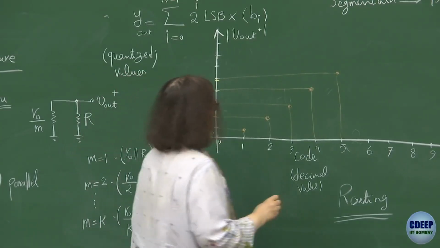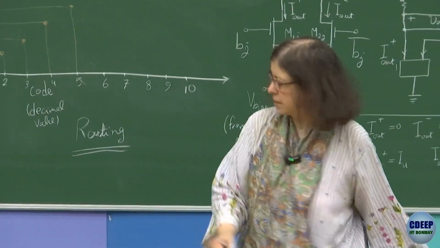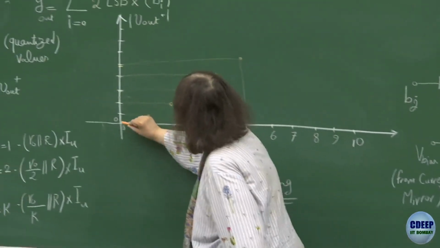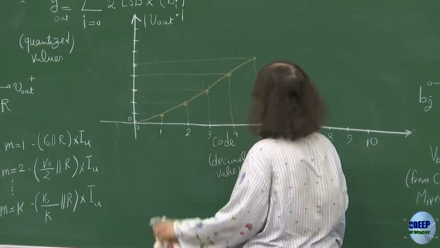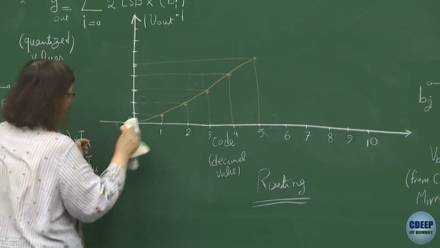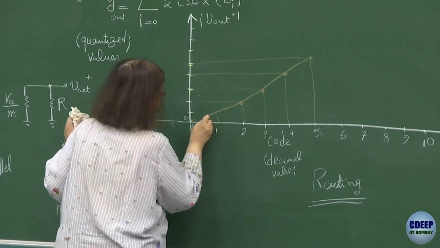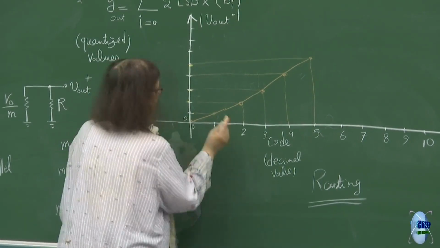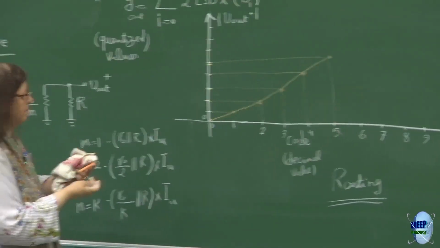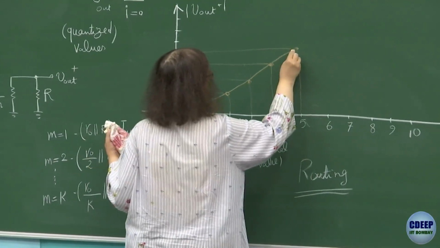If this is the ideal case, almost like a line, the yellow color shows the real values.